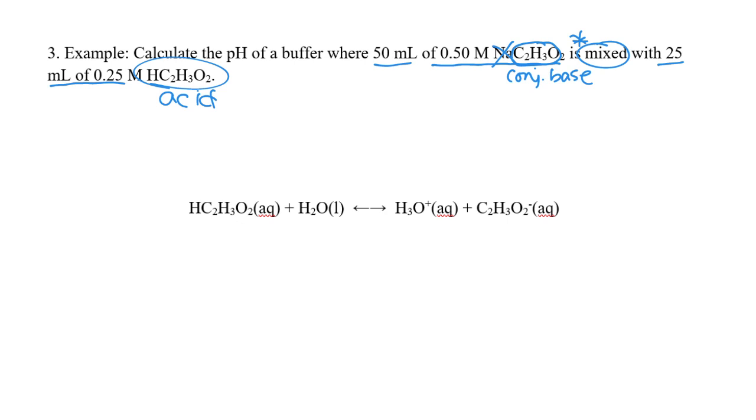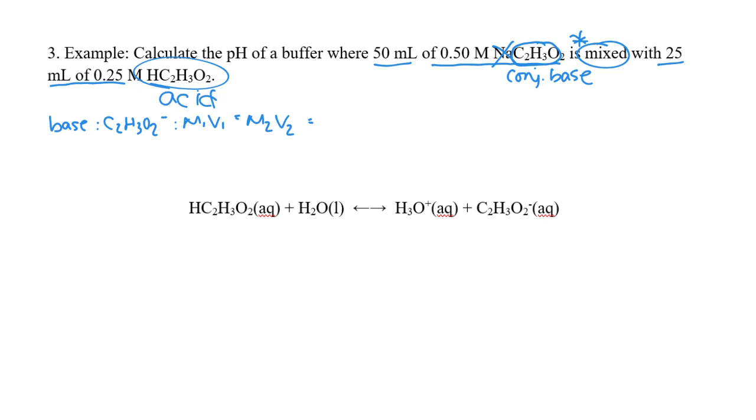So let's do it for my base, which is my C2H3O2 minus. I have to do M1V1 equals M2V2. So the molarity, just to find the new molarity, because I'm mixing it with other stuff, right?